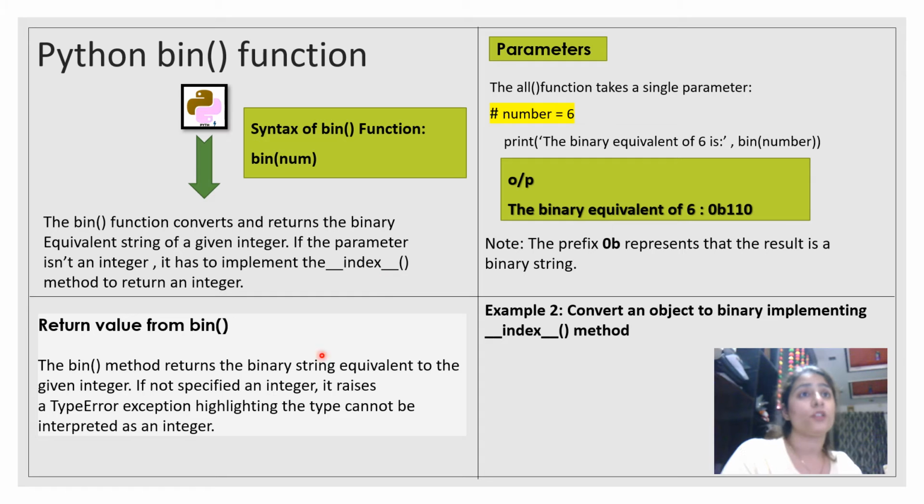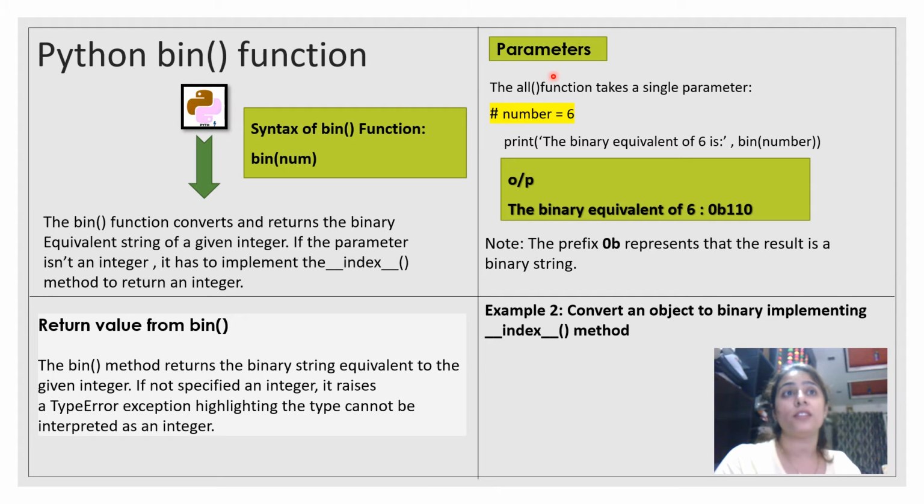So here are the return values from bin. The bin method returns the binary string equivalent to the given integer. If not specified an integer, it raises a TypeError exception. Which error? TypeError exception, highlighting that the type cannot be interpreted as an integer. Clear? So it will raise the error here.